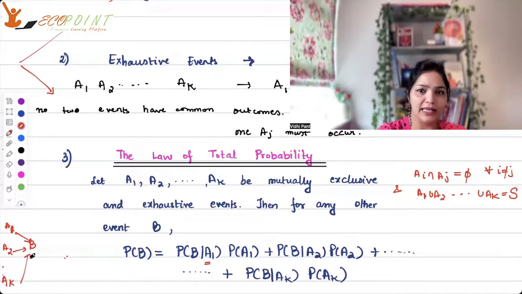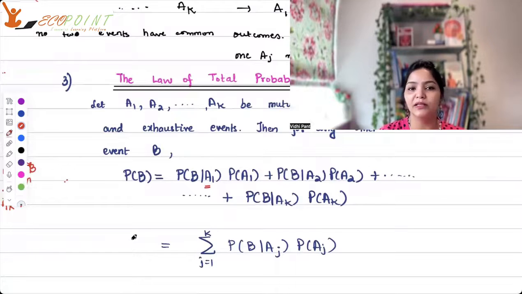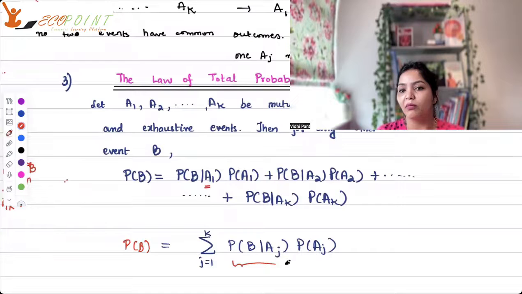Now, why do we get this? How is probability B the summation of probability B conditioned on AJ multiplied by probability AJ, where J can take values 1 to K? Why? This is the question you must ask yourself.